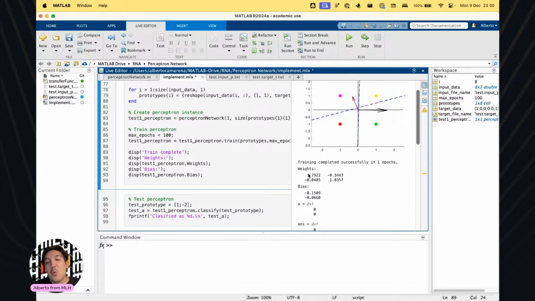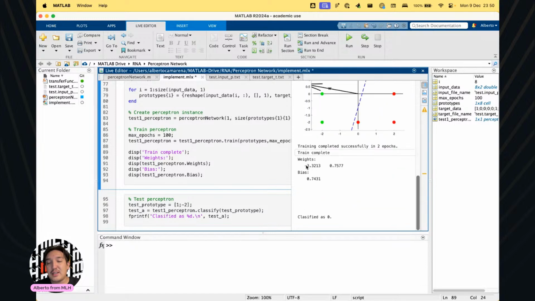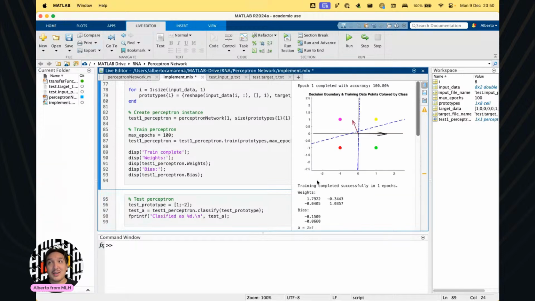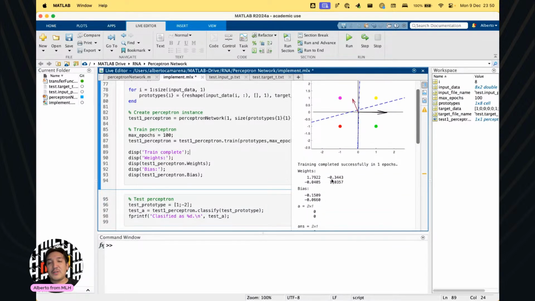See how weights here are a matrix and bias is a column, and here it's a vector, and it tells the color. This first row corresponds to one of these lines, and this second row to the other line.